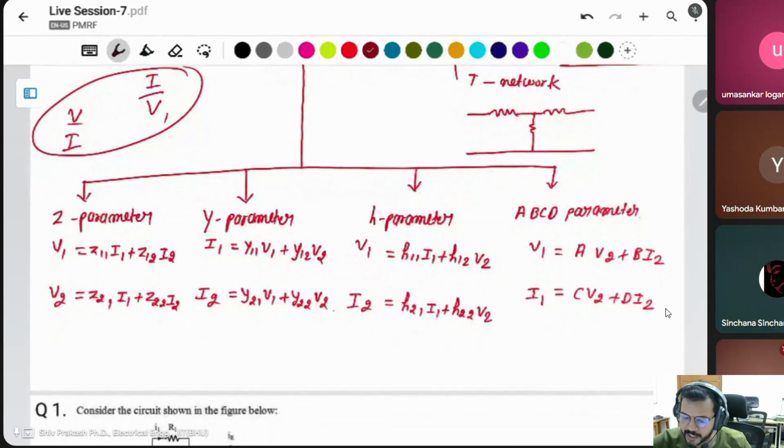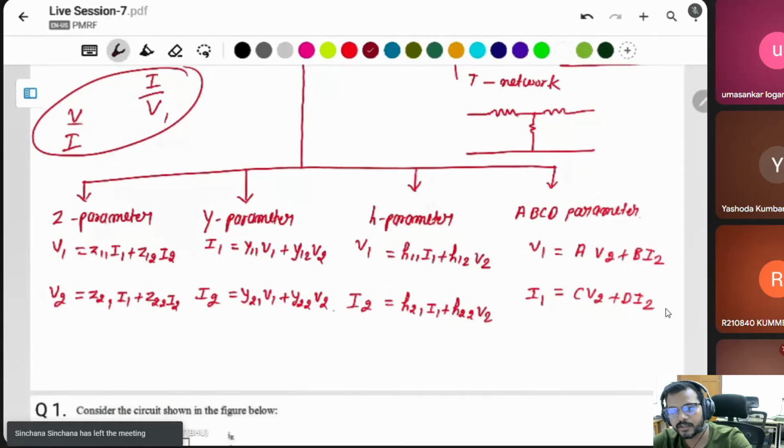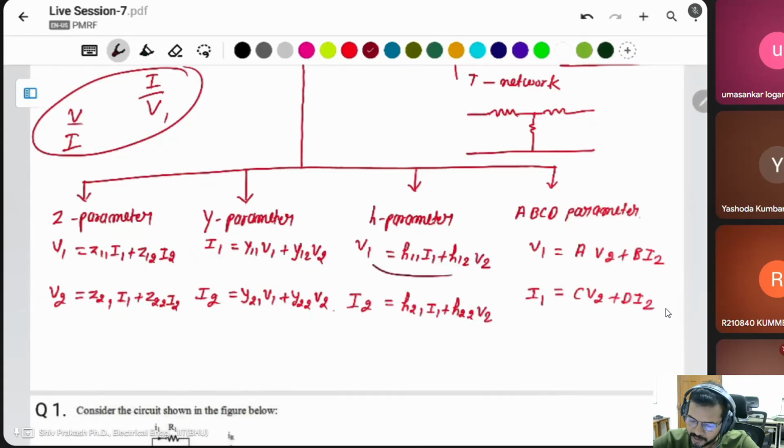Because in the transmission line, V1 V2 is the gain, I2 I1 is the gain. It mainly depends on finding the gain between them, current gain and voltage gain. That's how you can find it directly, and admittance and impedance there.